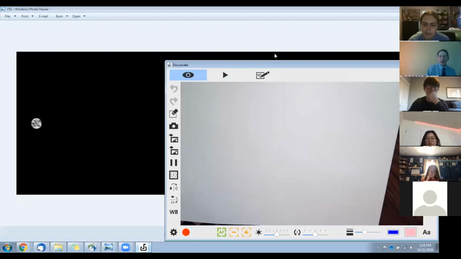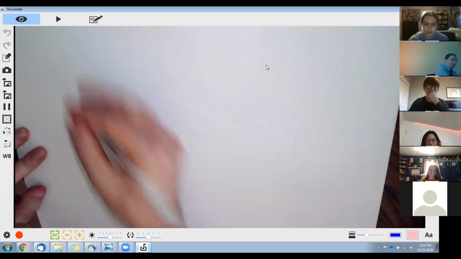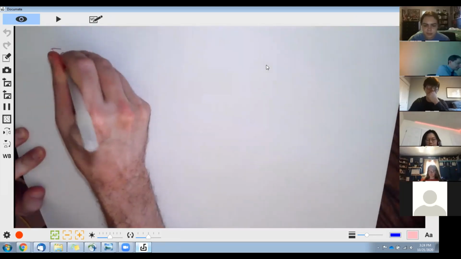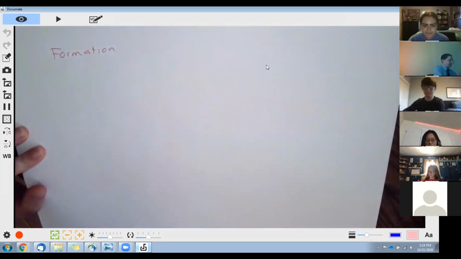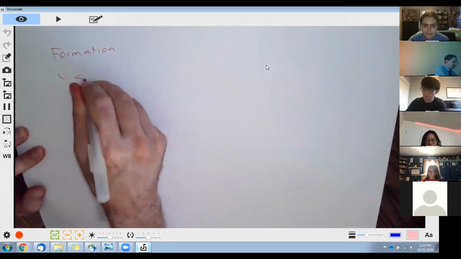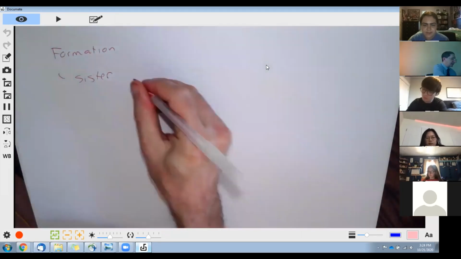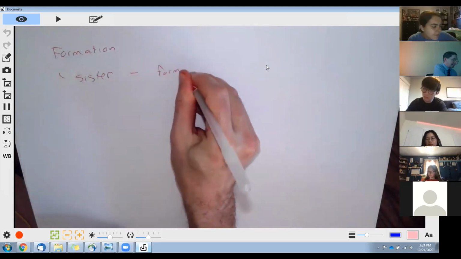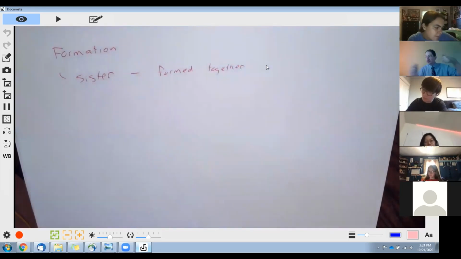So let's put up the dot cam, and I'll go to full size. So formation of the moon. So the first theory is called the sister theory. And the idea here is that we formed together, already orbiting one another.